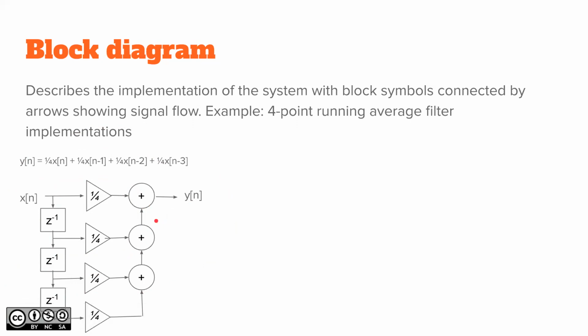Running average, simply put by a block diagram, we have that 1/4 times x of n right here. So that's x of n, and here we have 1/4 of x of n.